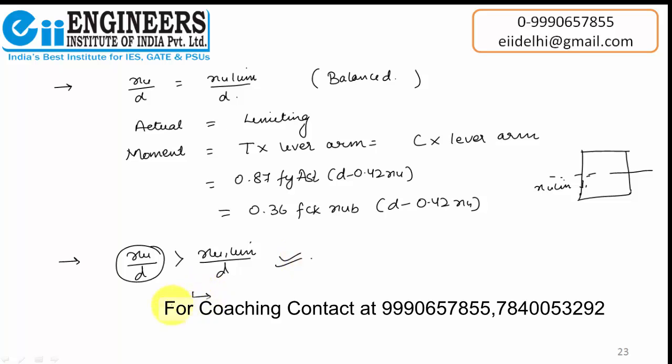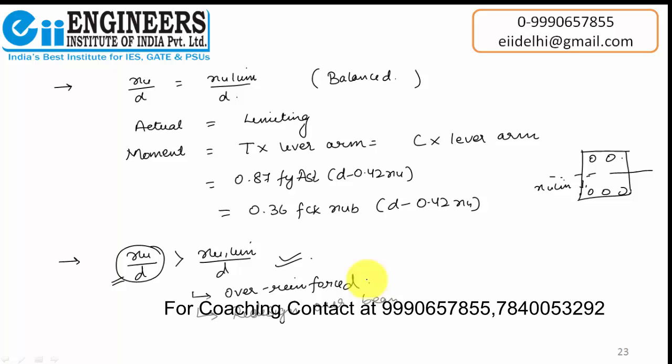First, we can over reinforce the beam, or second, we redesign our beam. That means we can increase the sections and then again find XU, or we can also keep the reinforcement in the compression side, that is the over reinforced case.